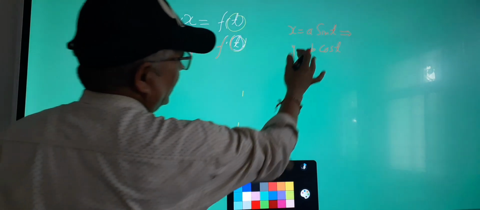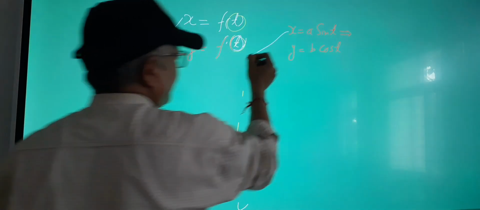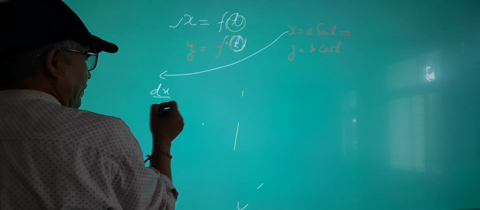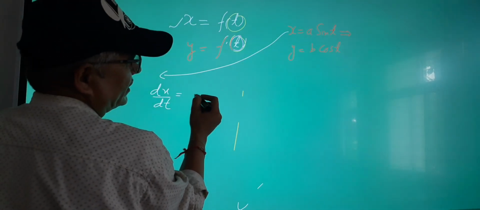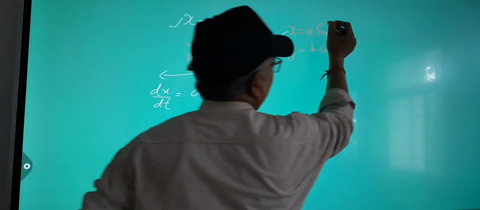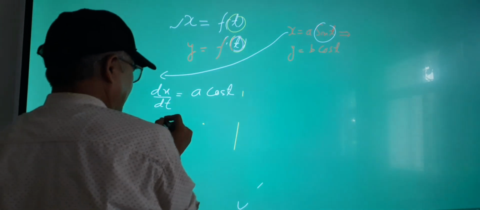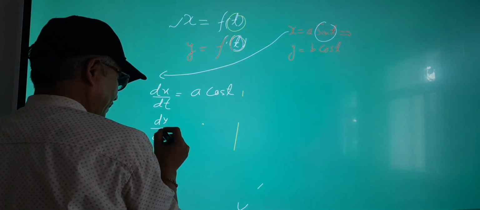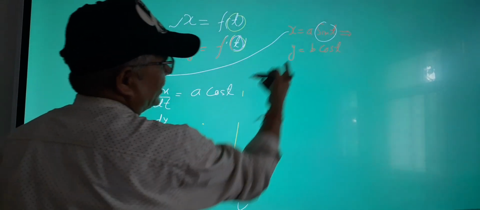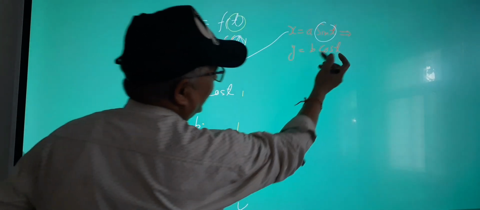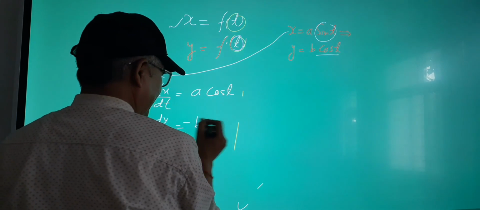So now I am taking this one first. dx upon dt is equal to a, and the derivative of this one is cos t. Simple. dy upon dt is equal to b, the arbitrary constant, b will be as it is, and the derivative of cos t is minus sin t.